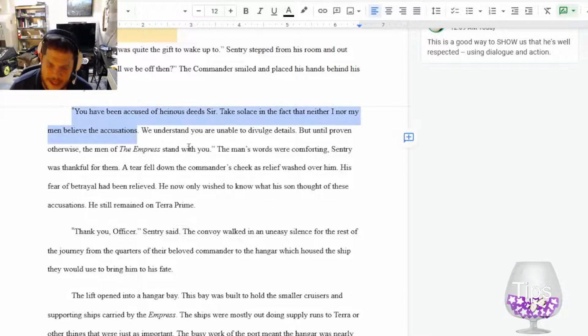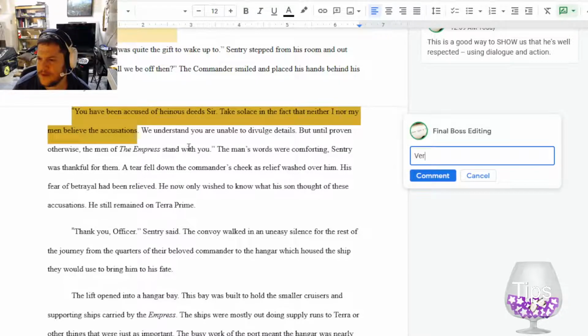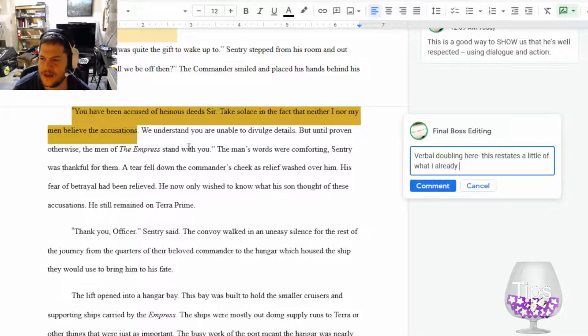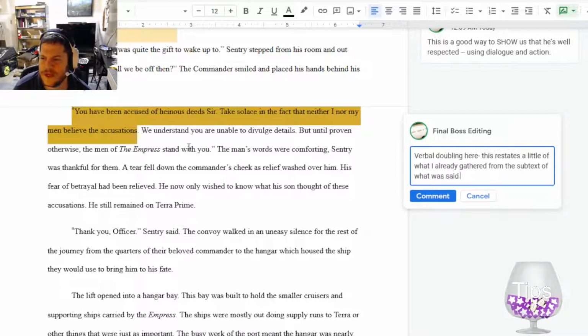Okay, this is kind of restating. So this is verbal doubling here. This restates a little of what I already gathered from the subtext of what was said above.